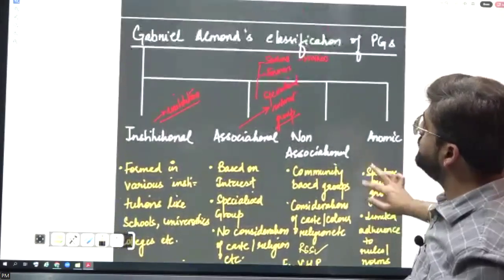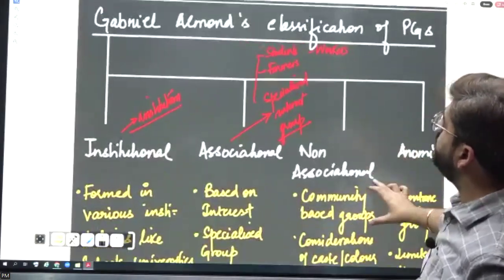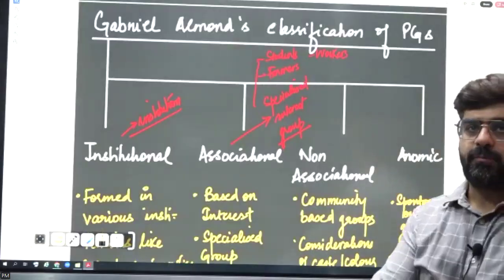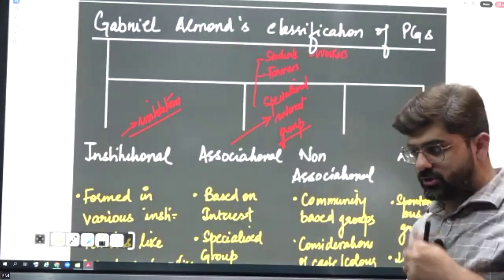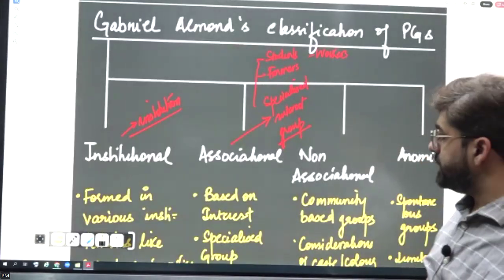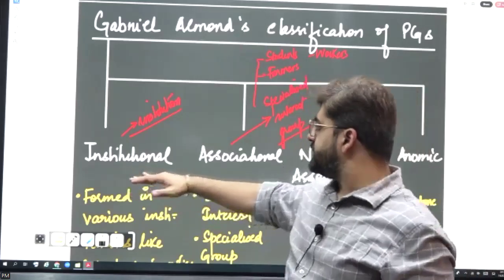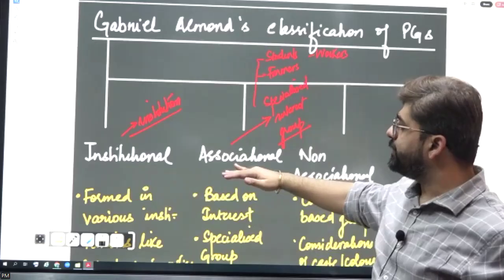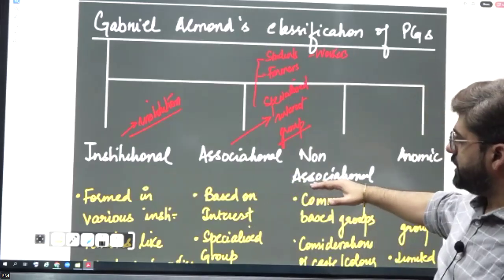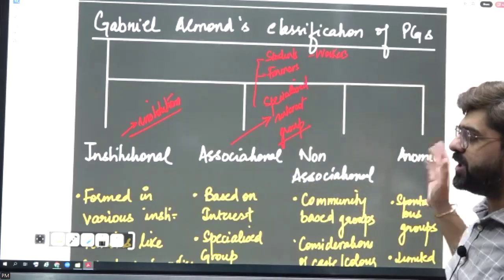There are 4 ways. This is Gabriel Almond's classification of pressure groups, in which, as you can see, the first is institutional pressure groups, the second is associational, the third is non-associational, and the fourth is anomic pressure group.